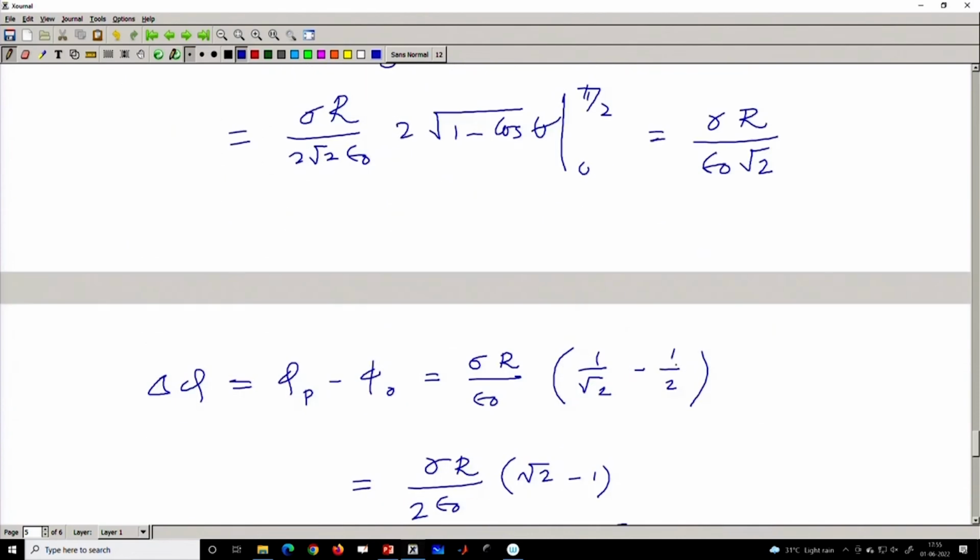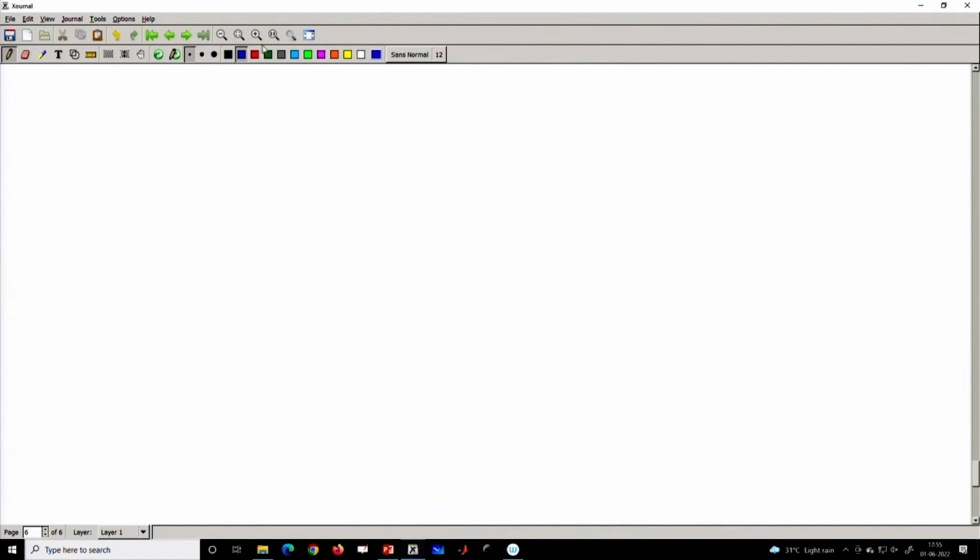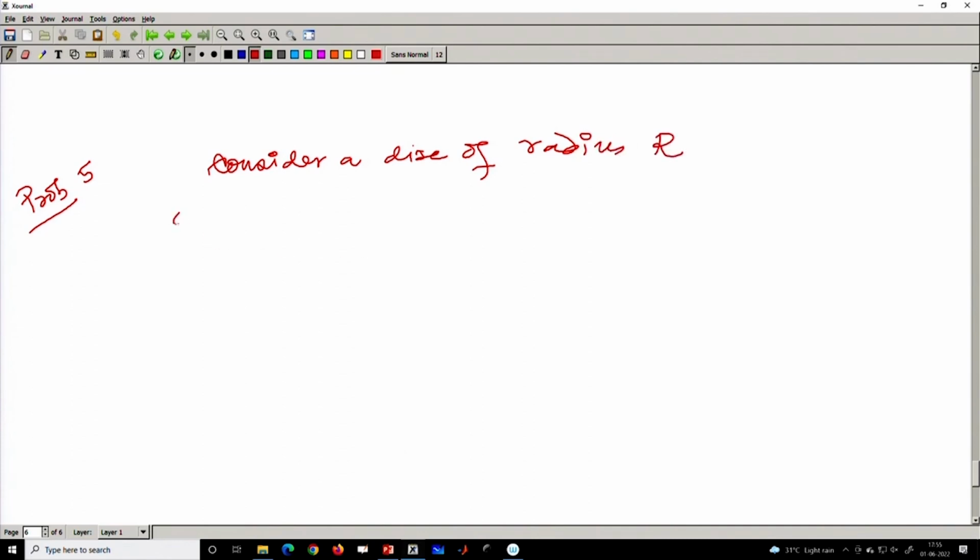The next problem is something like this. Problem 5, and say the problem is, consider a disk of radius r of charge density.